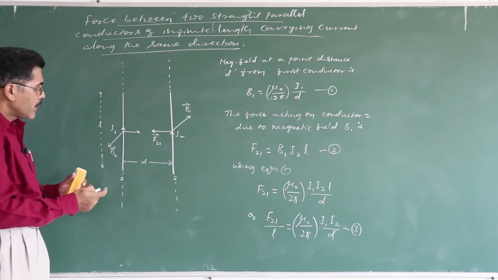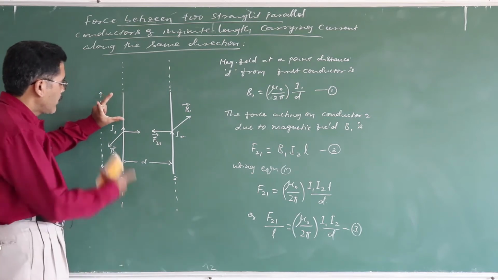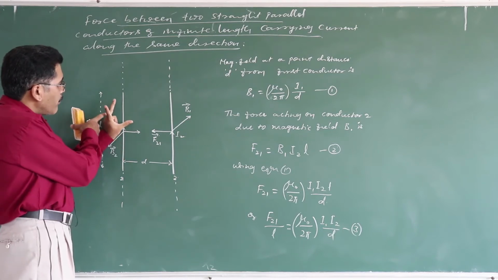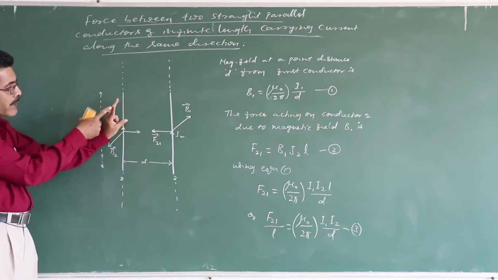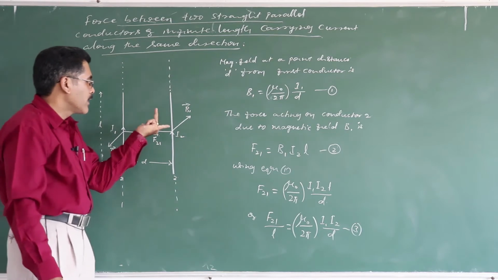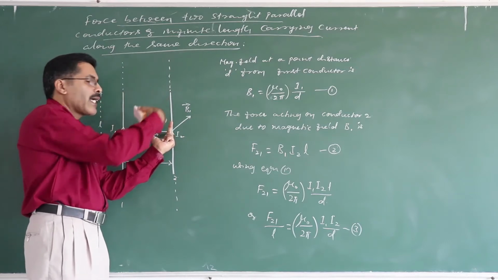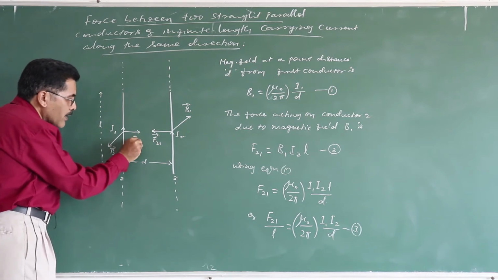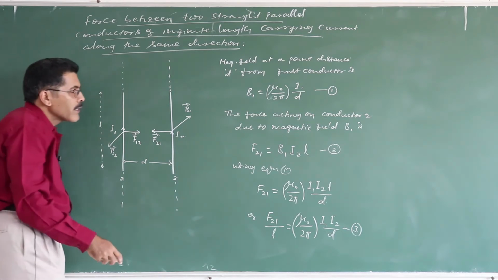Using the left hand rule, the middle finger points the direction of current, this is the direction of magnetic field, and this is the force acting. This is the force acting on the first conductor due to the magnetic field of the second conductor.